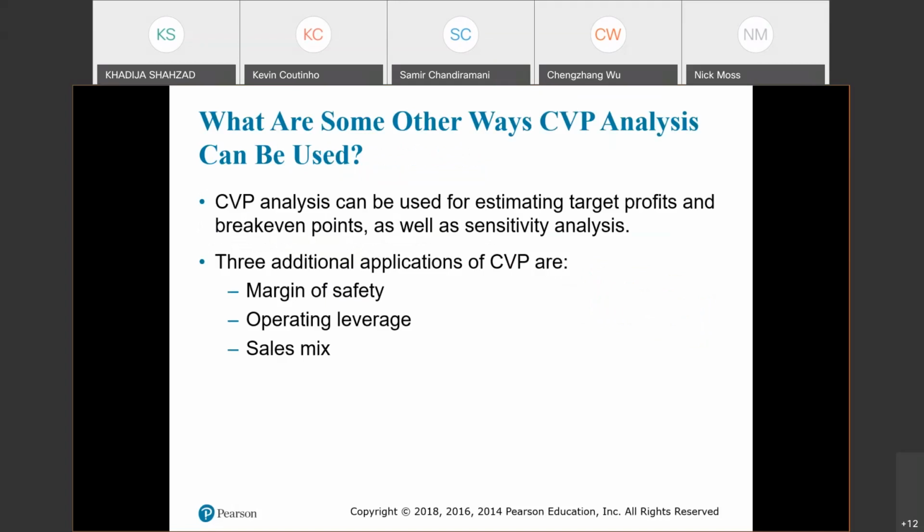Well, we have learned how CVP analysis can be used for estimating target profit and break-even points, as well as sensitivity analysis. Now, let's look at three more applications of CVP analysis. They are margin of safety, operating leverage, and sales mix.